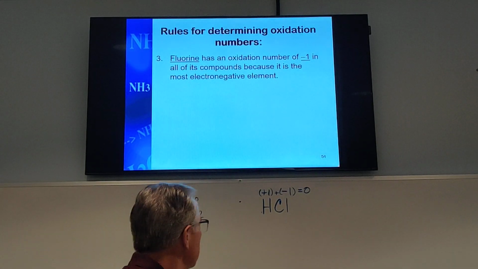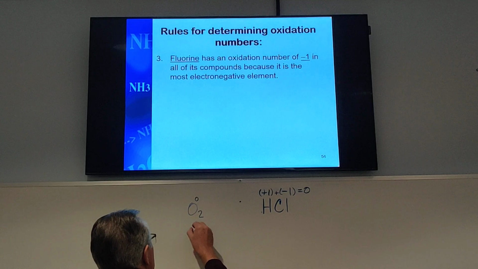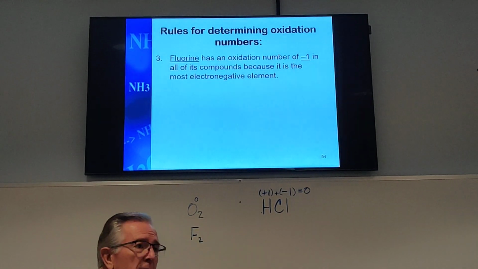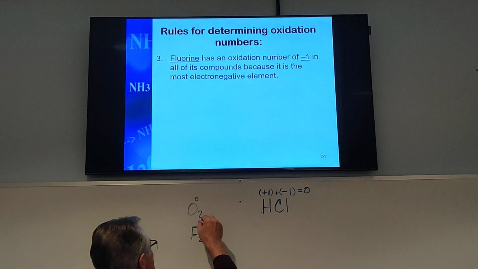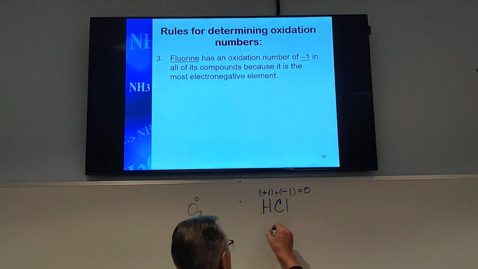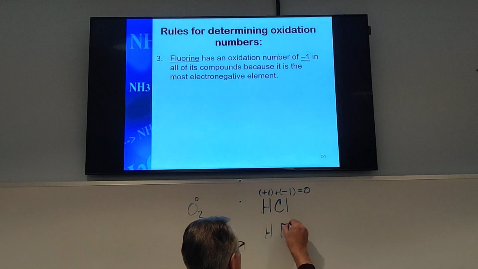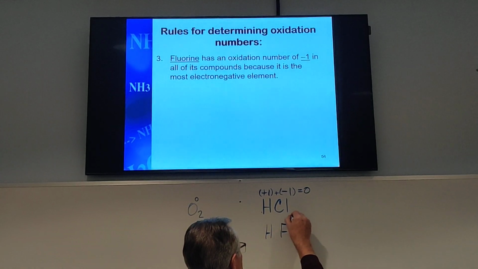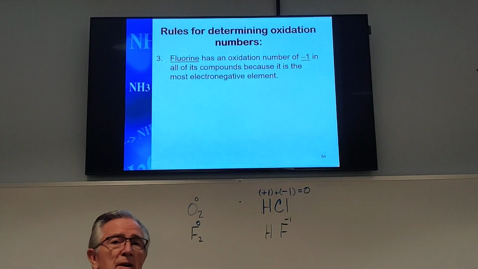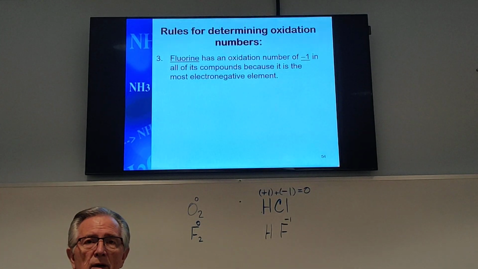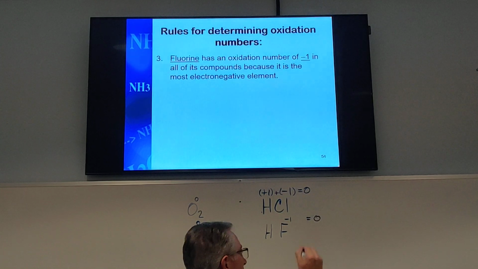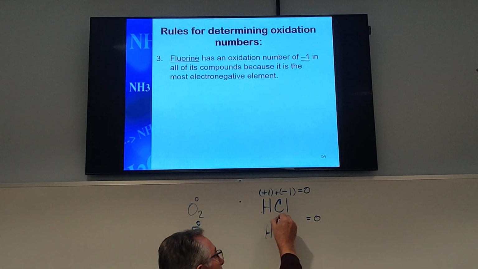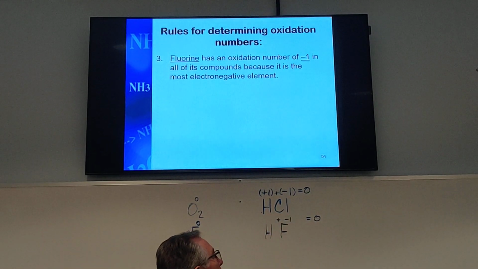The only exception would be if I had F2, because then it's not bonded to anything else, so it's still going to be 0. But if I have, let's say, hydrogen fluoride, in this case, we just read in that rule that fluorine is always -1. So that means hydrogen has to be what, so that the sum of their oxidation numbers will add up to 0? +1, right.